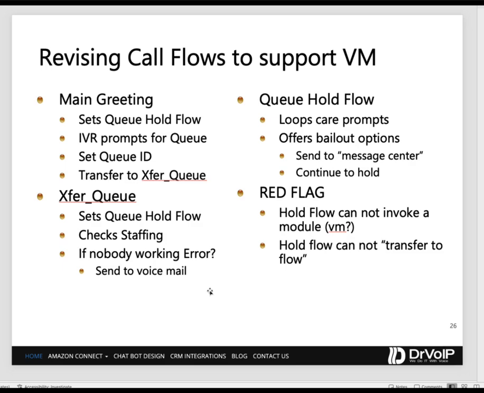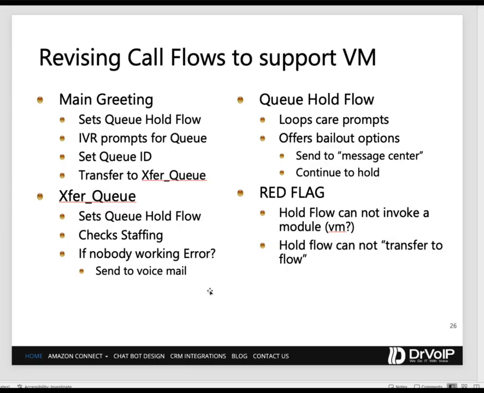In that contact flow, we set the queue hold flow yet again, but this time, since we know what the queue ID is, we're able to perhaps generate a more specific set of messages and experiences by pointing to a queue hold flow that is specific to the queue that was selected. We then check staffing, make sure that someone's working, and if they're not working, currently the configuration just transfers them to the error handler. What we're going to do now is transfer them to the voicemail system.